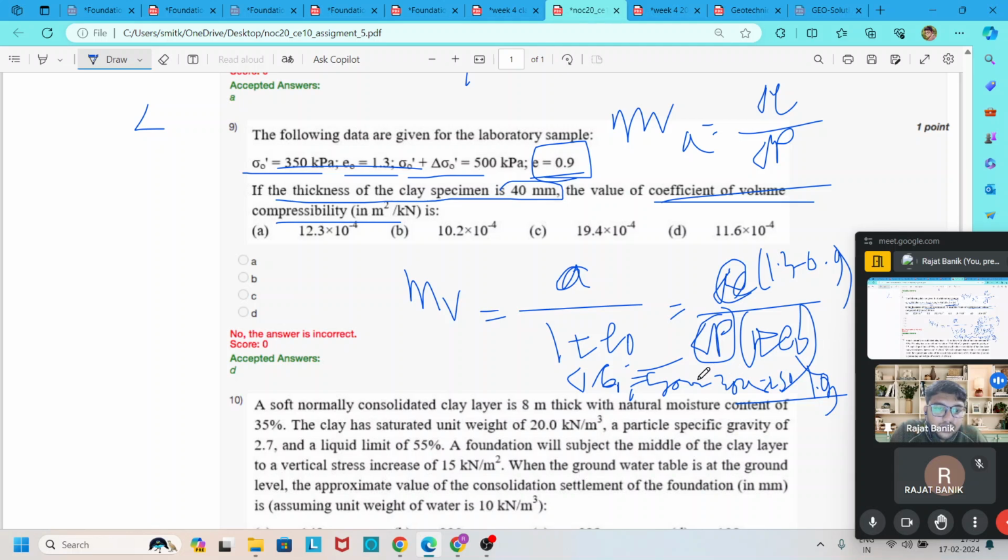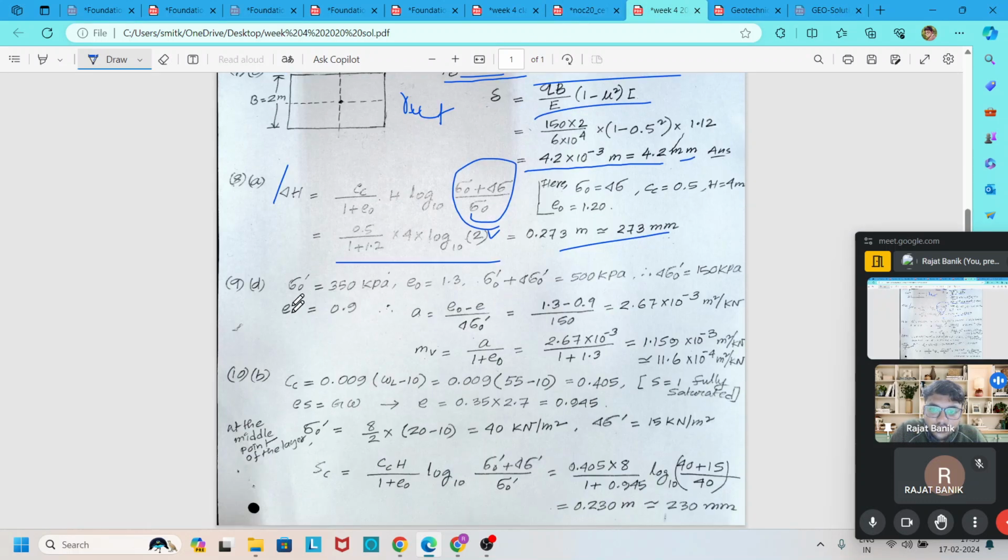Put all these values here and get the result mv, and it comes in meter square per kilonewton. I also solved it here. You see that first find out a and then put mv is equal to this formula.